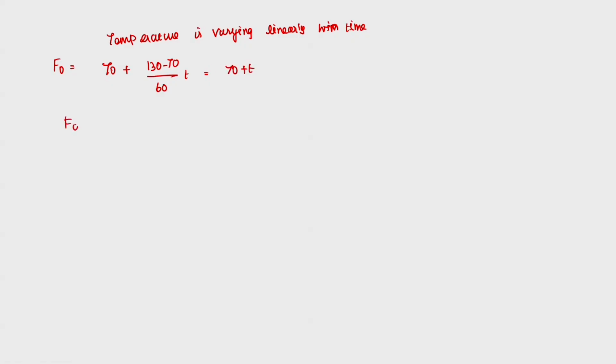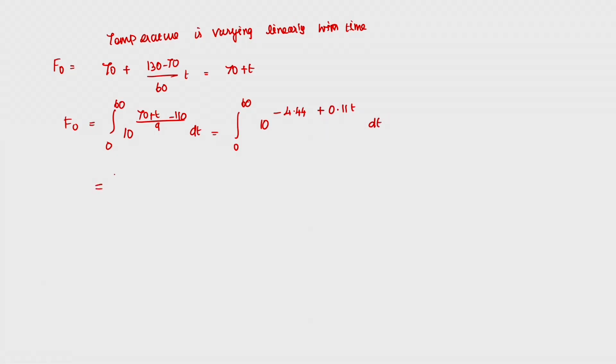So, F naught is nothing but integral 0 to 60 of 10 to the power of (70 plus t minus 110). Remember the reference temperature is given as 110. Divided by the Z value, which is given as 9. So, what you get is 0 to 60, 10 to the power of (minus 4.44 plus 0.11 t) into dt.